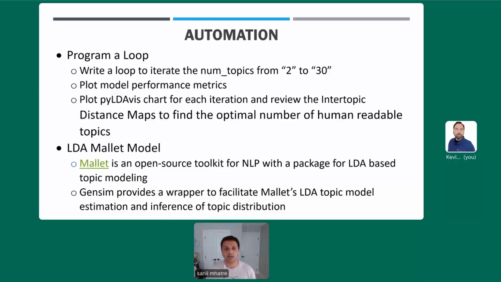You could potentially write a program to iterate through num topics, going from 20 to, let's say, 30, 40, 50, and then you can chart the coherence score and the perplexity scores to see how they are trending as your number of topics is increasing. You can also save the pyLDAvis chart for every iteration and review it at the end of the run of the loop.